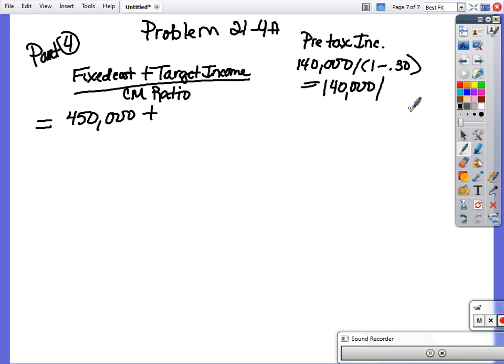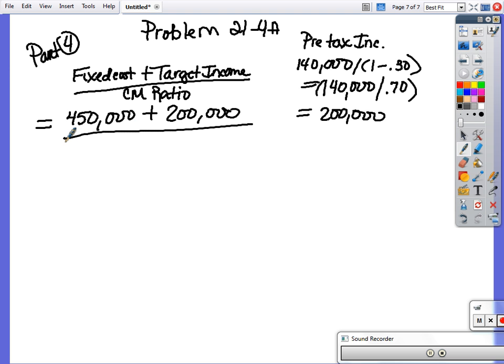And then after that, what is your new target income? 200,000. So plus 200,000 here, divided by what ratio? Contribution margin ratio. It's gonna be 60%, right? You remember that from the previous.